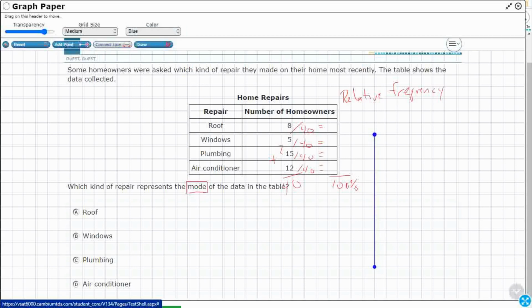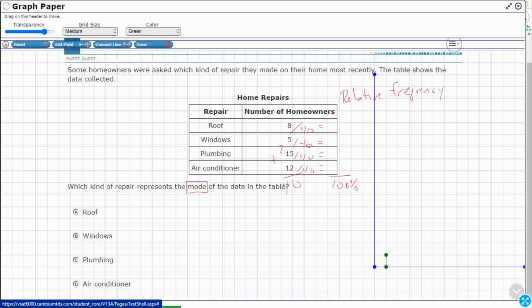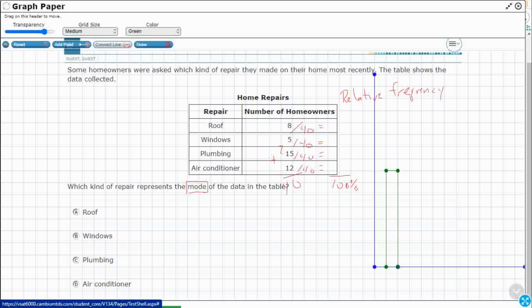So if I were to put this up here and kind of make my little graph, you can actually use the graph draw feature. So the roof, let's do the connect line feature, 1, 2, 3, 4, 5, 6, 7, 8. Right, so we can make that the roof.